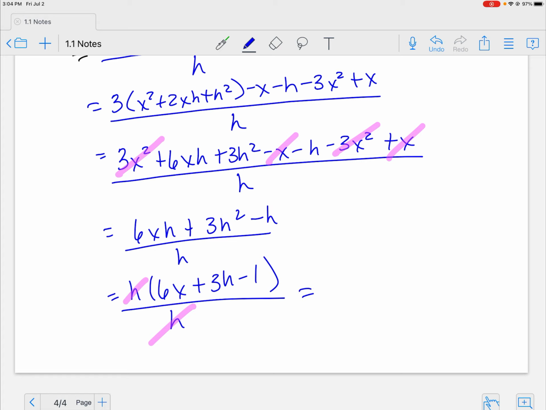I can't have that h left over by itself down there. So my difference quotient is 6x plus 3h minus 1. Your algebra is the key. Practice those difference quotients. Now you did this in pre-calculus, so this is just reviewing, but it's good to review because we're definitely going to be using this.